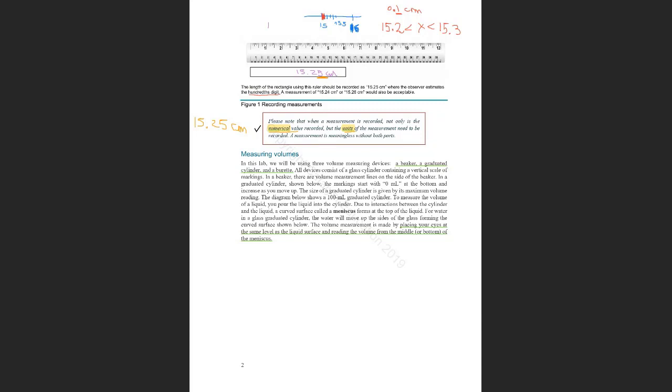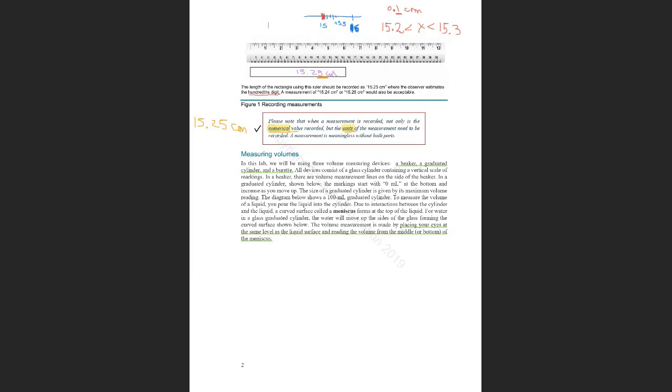So that's why it's important to get the habit of writing the number and the units. And also, as you progress, you will need to write the units to make sure when you do conversion factors and they cancel out, you have the correct units and the correct answer.